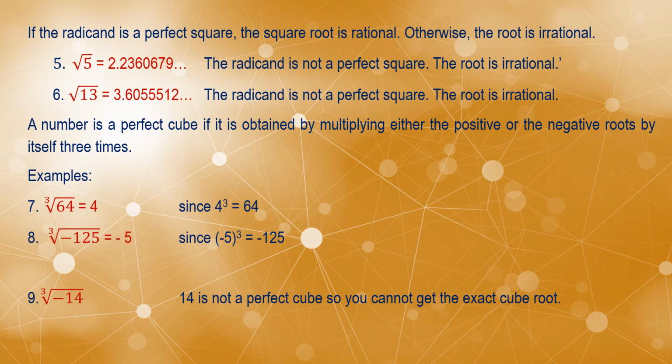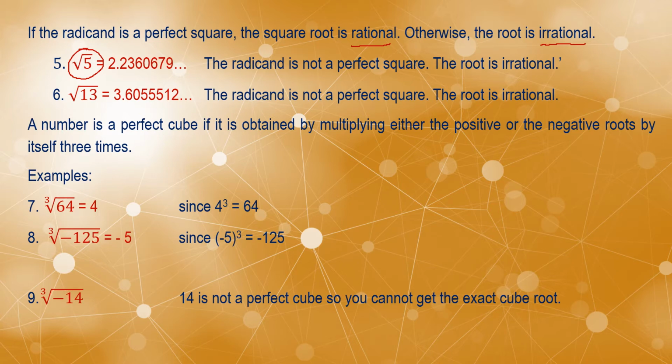If the radicand is a perfect square, the square root is rational. Otherwise, the root is irrational. Say for example, we have square root of 5. 5 is not a perfect square.